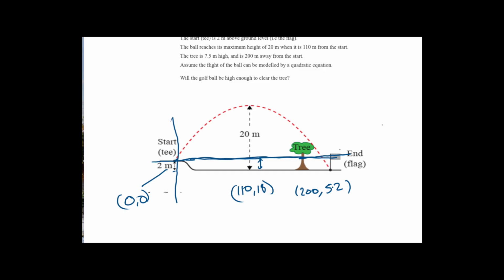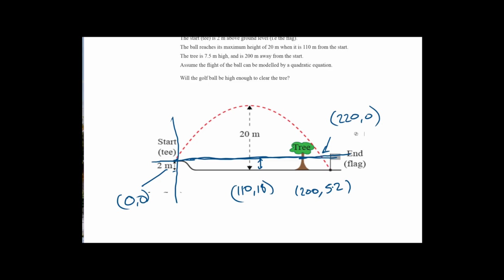And another point that is not necessarily given to us is this point here. It's a parabola. If it reaches its height at 110, it must reach 0 again at 220. Okay. Now we have enough to put all of these into a simultaneous equation.